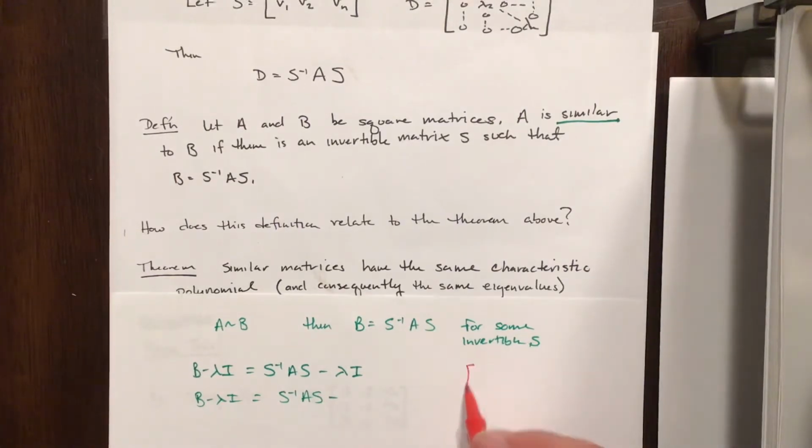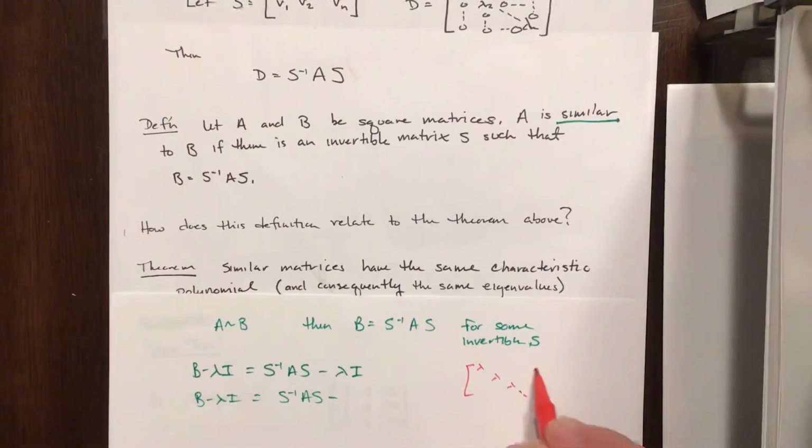It's the matrix that looks like lambda, lambda, lambda all along the diagonal with zeros in the off diagonal. So I'm going to multiply that by S inverse S lambda I. Well, multiplying by S inverse S does nothing, and the line above it is equal to the line below it.